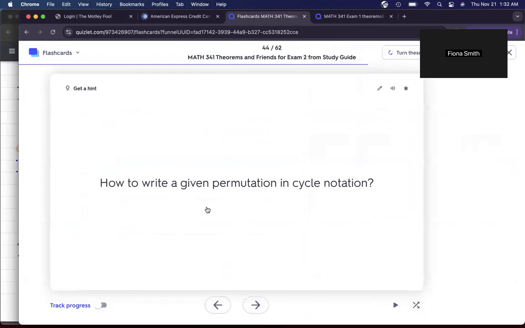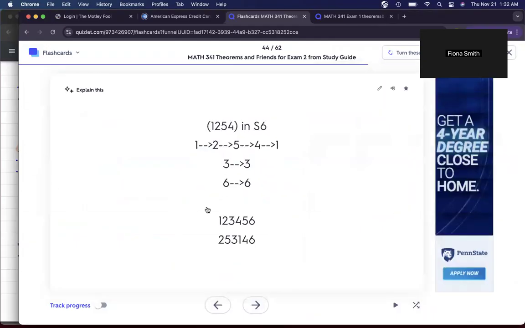How to write a given permutation in cycle notation. For example, if we had (1 2 5 4) in the symmetric group S6, then we would say that 1 goes to 2, 2 goes to 5, 5 goes to 4, and 4 goes to 1.